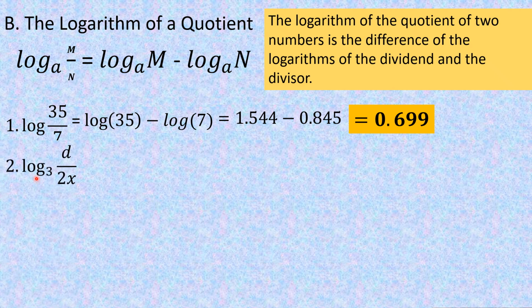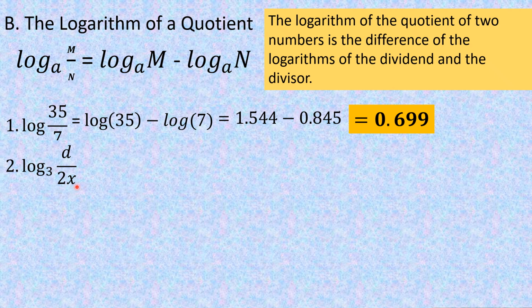In number 2, we have log of d over 2x to the base 3. As we recall the first law, we are talking about the logarithm of a product. So we are going to familiarize the dividend and the divisor. The dividend is a single factor, while the divisor is 2x, meaning we have two factors.